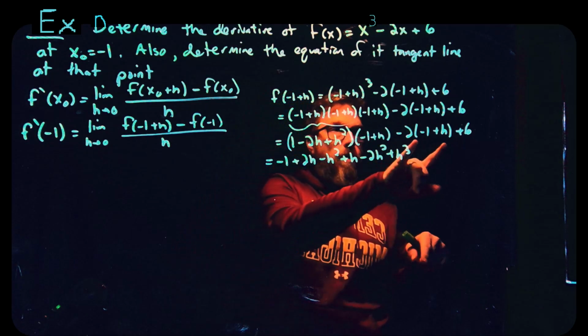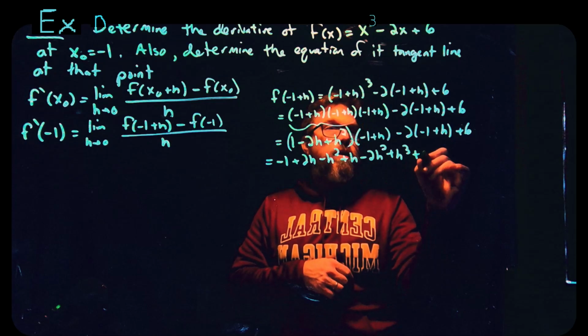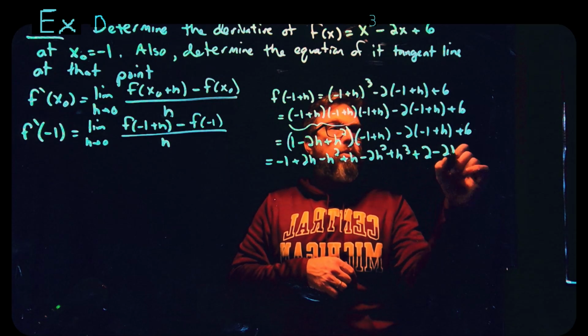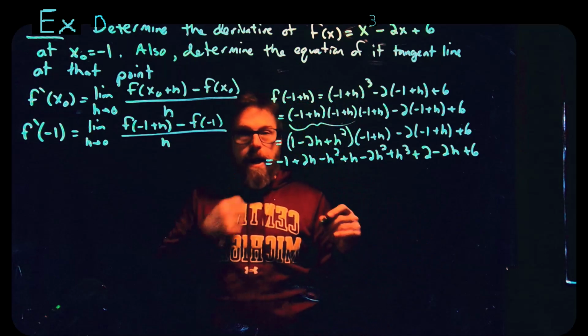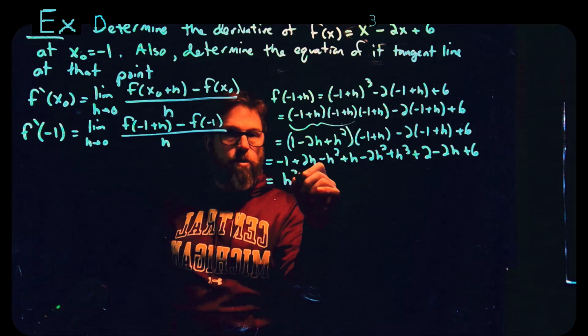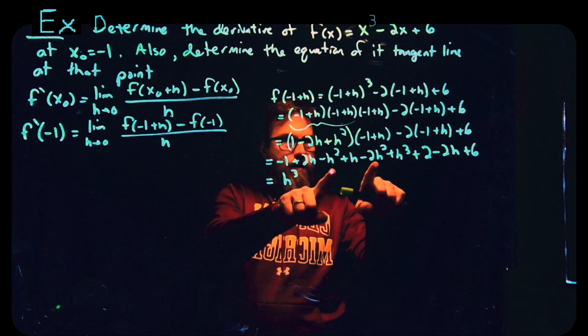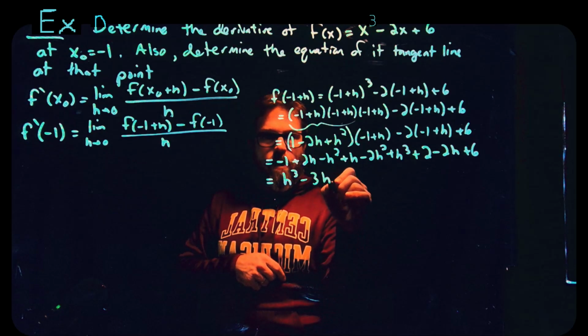Now we still have to multiply here. So minus 2 times -1 is going to be positive 2, and then minus 2h, and then we have plus 6. And then I'm going to combine some like terms. So we'll just put this in descending order. So h cubed. How about the squares? I have a -h squared and -h squared. So this is a minus 3h squared.